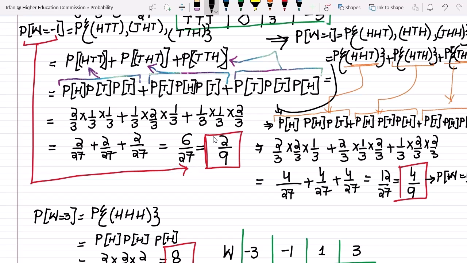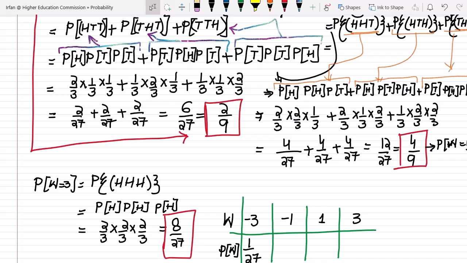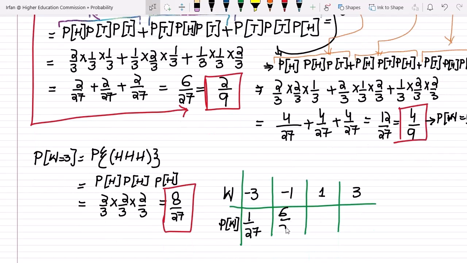Ultimately I will show you that the addition of all of them is equal to 1. The probability of W equal to 1 is 12 divided by 27, and the probability of W equal to 3 is 8 divided by 27.